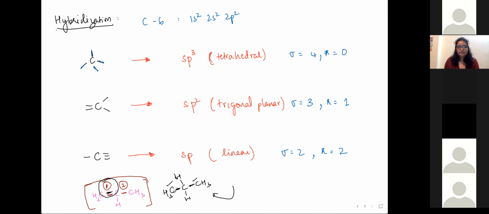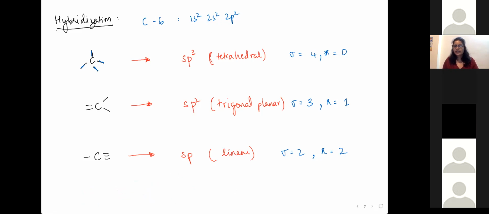So it will occupy the space, wherever the pi bond was. No, in this case, there is no question of pi bond. When there is a pi bond, then 100% it's going to attack the pi bond only. Okay, got it. Yeah, good. So that's kind of how you need to look at it. That's how the reactivity and all are decided.